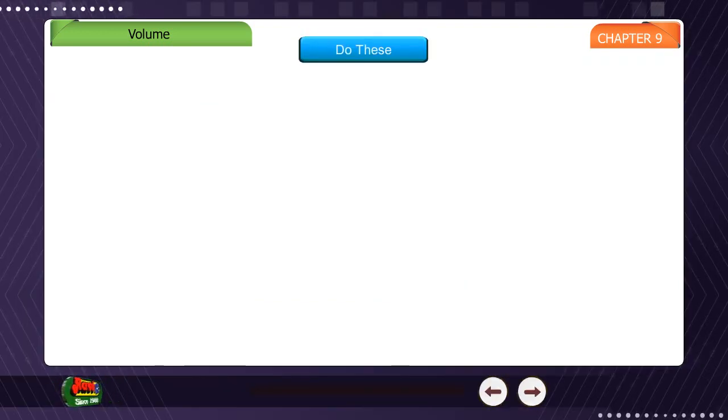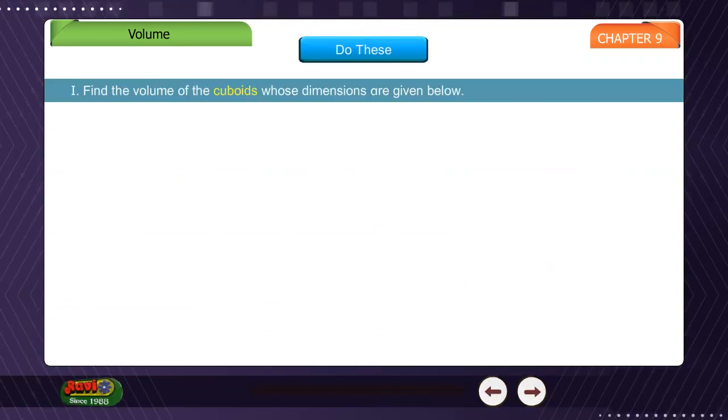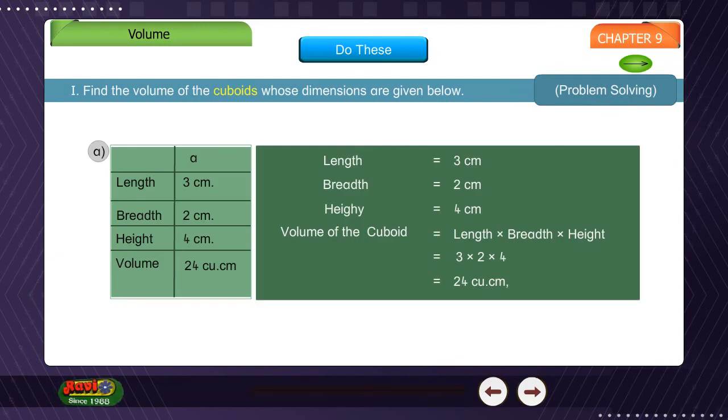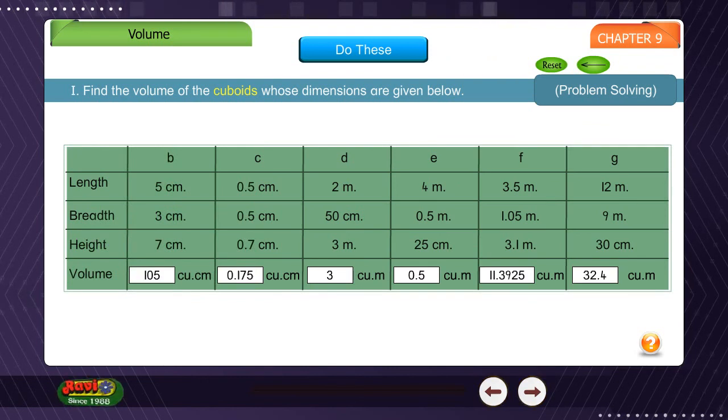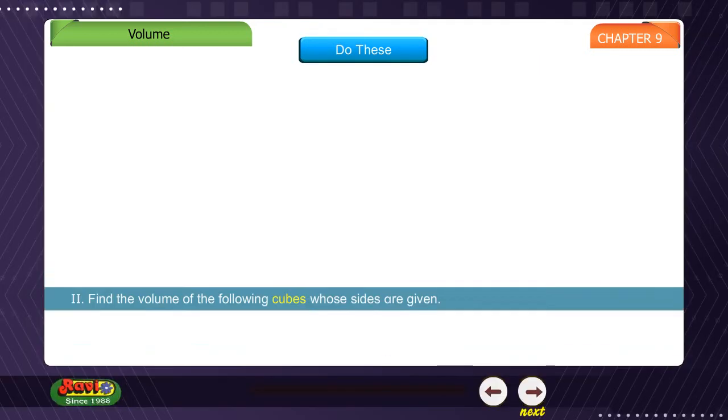Do these. 1. Find the volume of the cuboids whose dimensions are given below. Two.